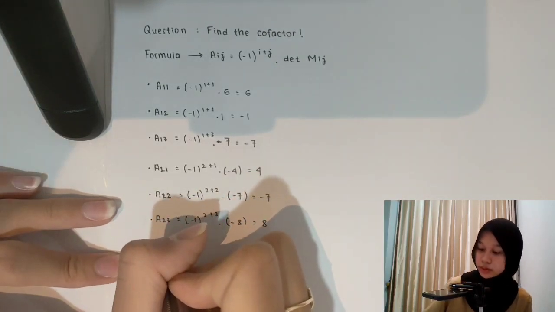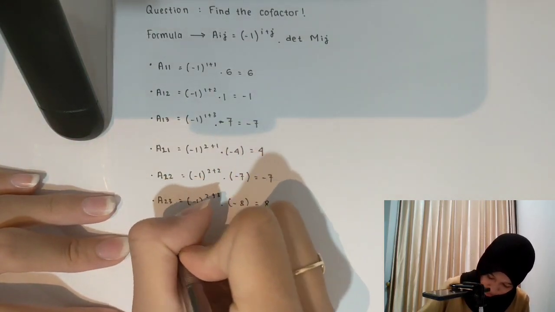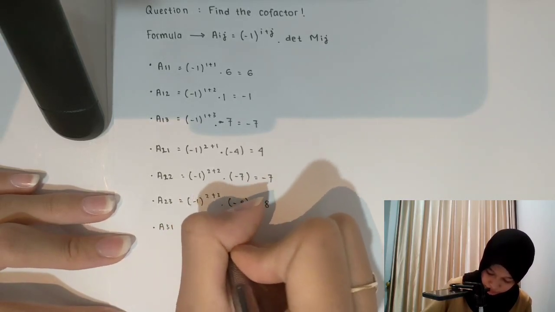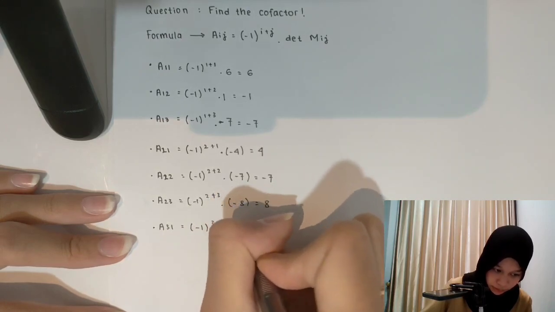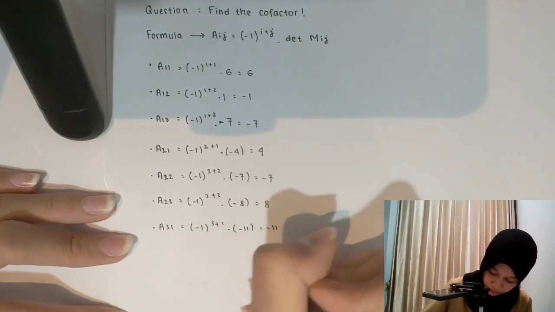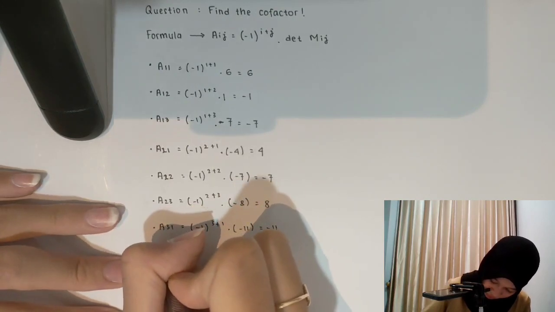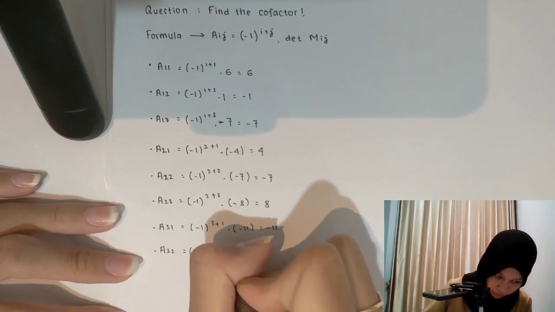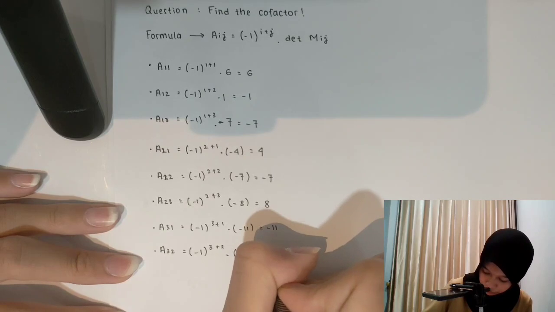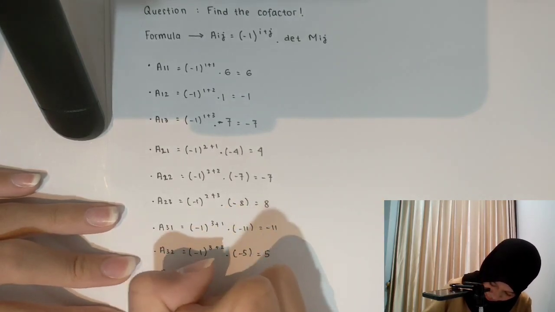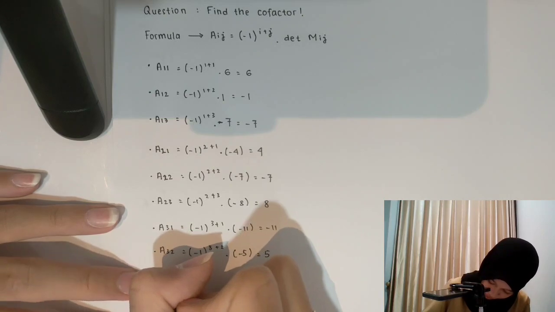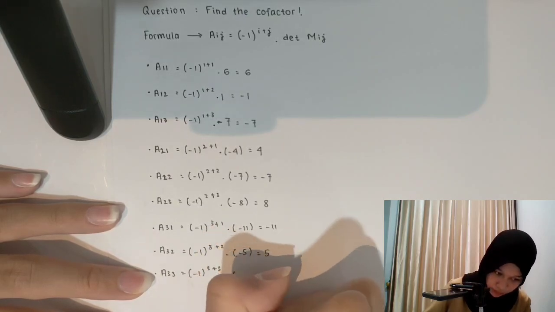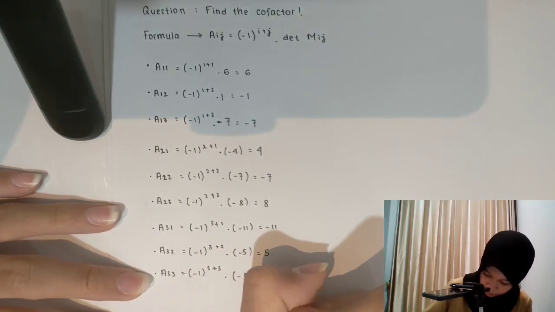Row 3, column 1 will be minus 1 to the power of 4 times minus 11, so it will be minus 11. Row 3, column 2 will be 5. And last, the cofactor of row 3, column 3: minus 1 to the power of 3 plus 3 times minus 3 will be minus 3.